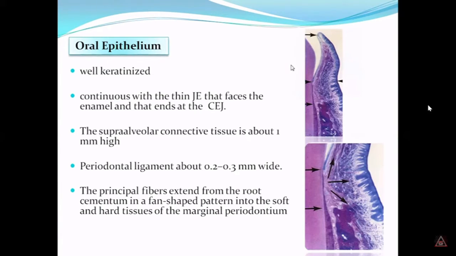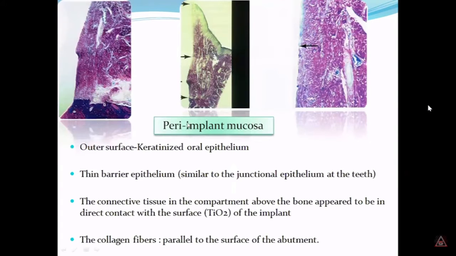Whereas in the case of the peri-implant mucosa, the outer surface is keratinized oral epithelium. So it's like your natural teeth, like gingiva. There's a thin barrier epithelium, which is similar to the junctional epithelium at the teeth.